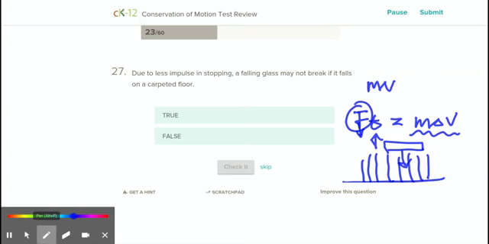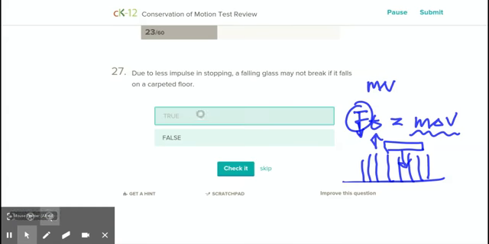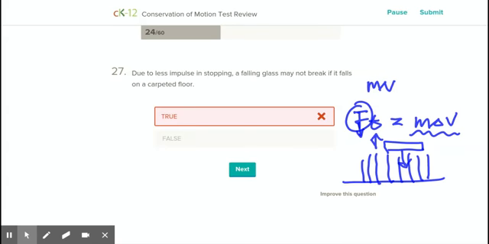Number 27. Due to less impulse in stopping, a falling glass may not break if it falls on carpet floor. It's the same question. Or less time. Or less impulse. Which is true. Oh, hold on a second.